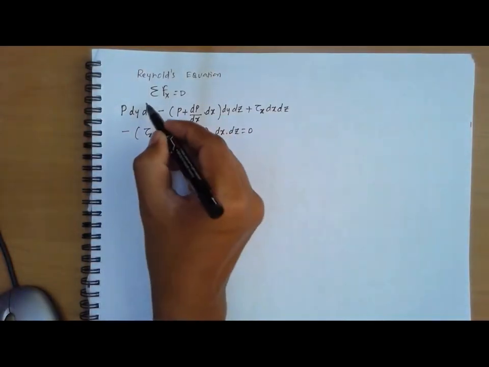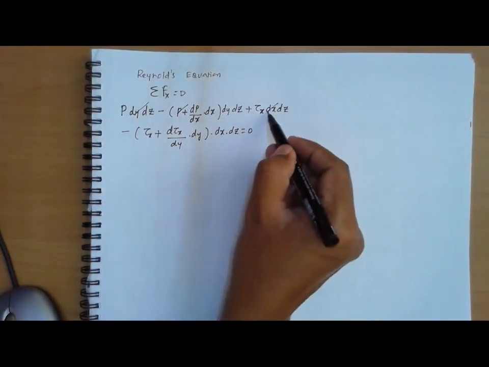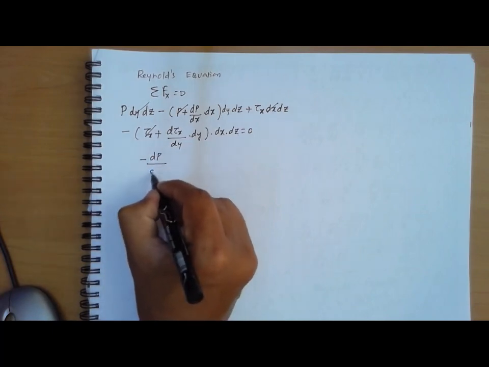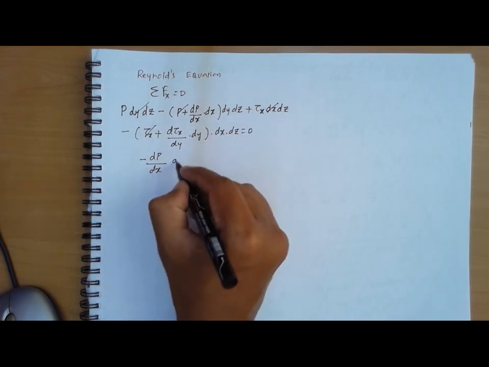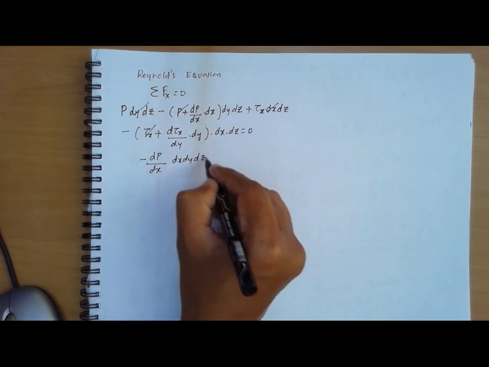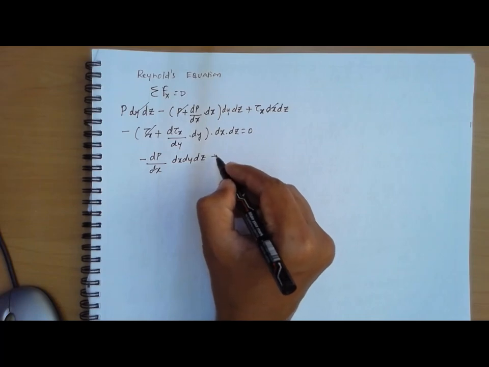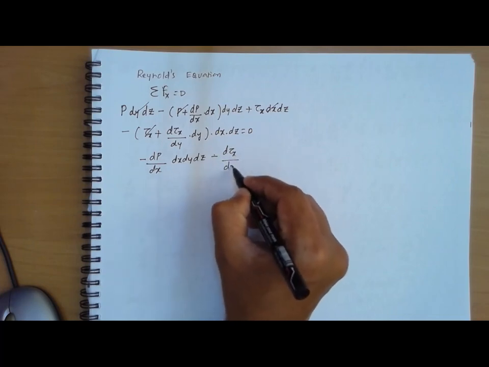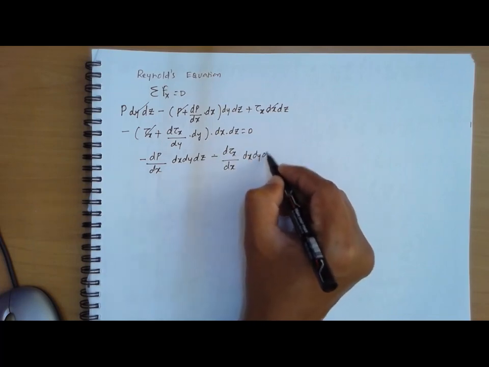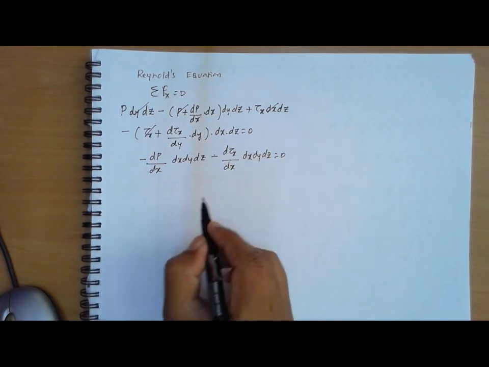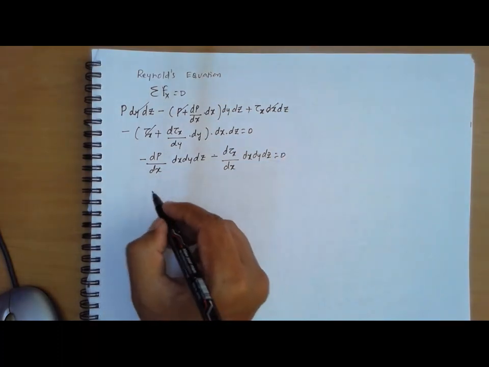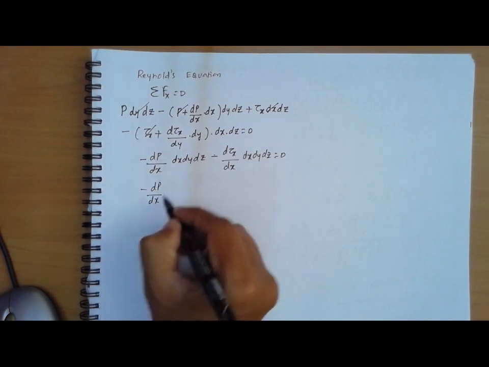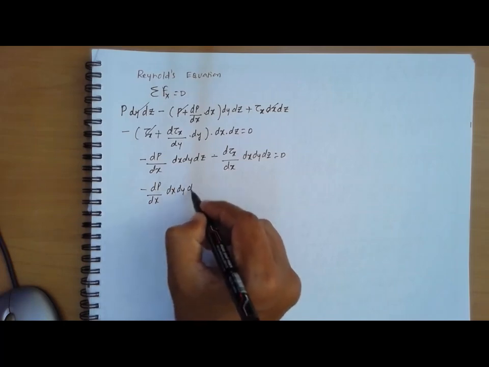If we cancel these terms, the positive and the negative, we will be left with minus dP by dx into dx dy dz, plus d tau x by dy into dx dy dz, equated to 0.